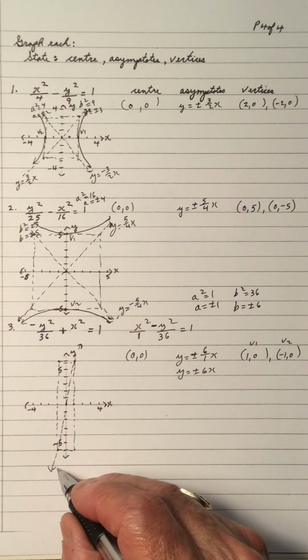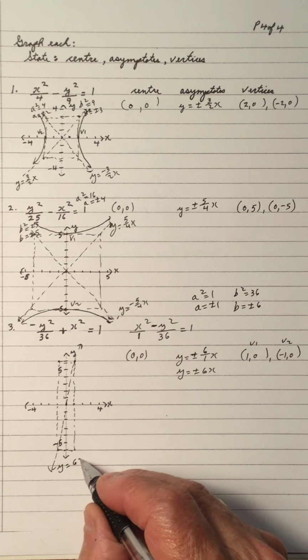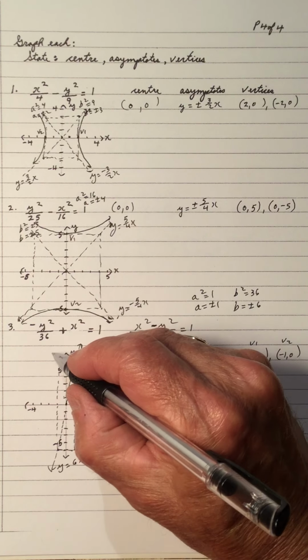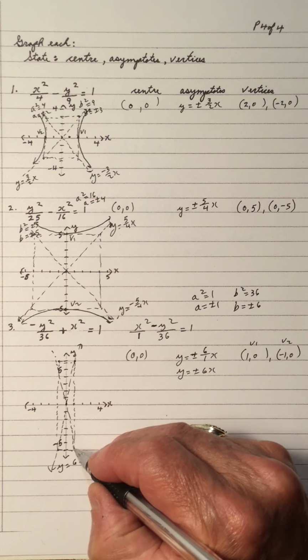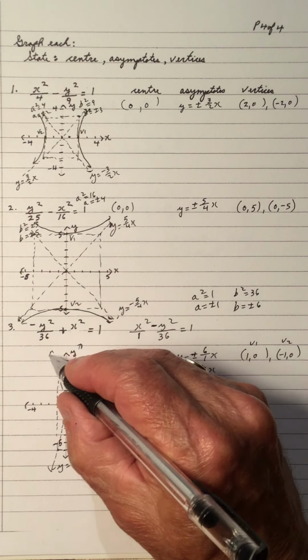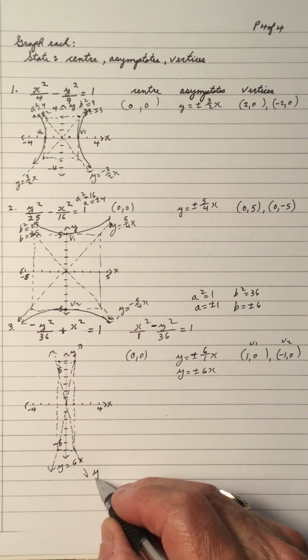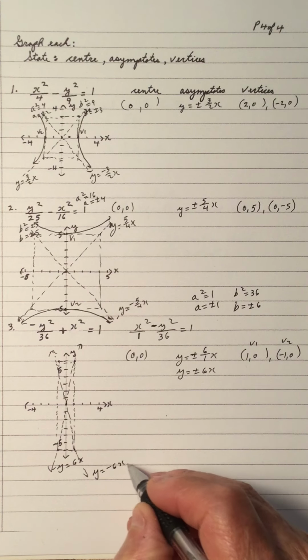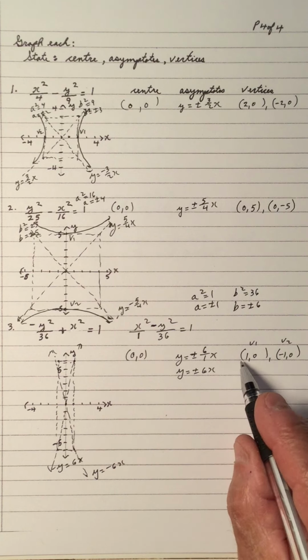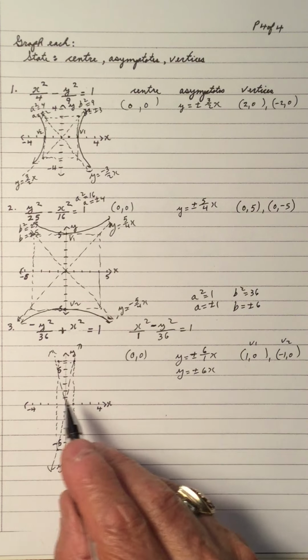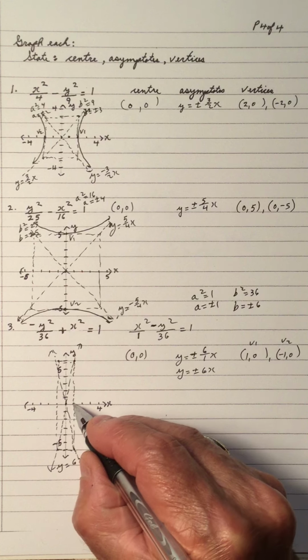So this one is y equals 6x, that's the positive one. The negative one, go here, so this one is y equals negative 6x. And the vertices are on the x-axis because the x is positive, so x is 1, 0 right here.